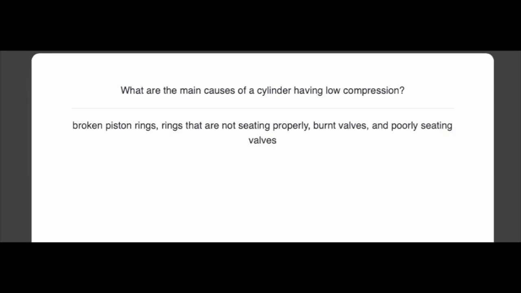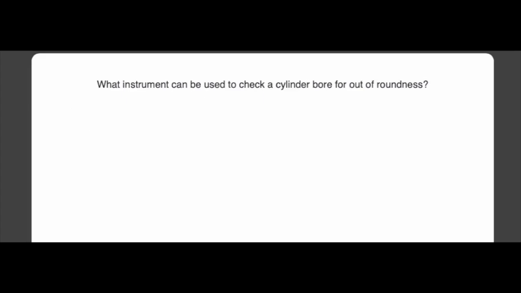What are the main causes of a cylinder having low compression? Broken piston rings, rings that are not seating properly, burnt valves, and poor seating valves. What instrument can be used to check a cylinder bore for out of roundness?